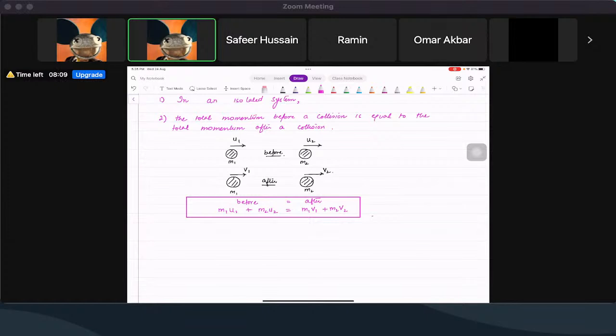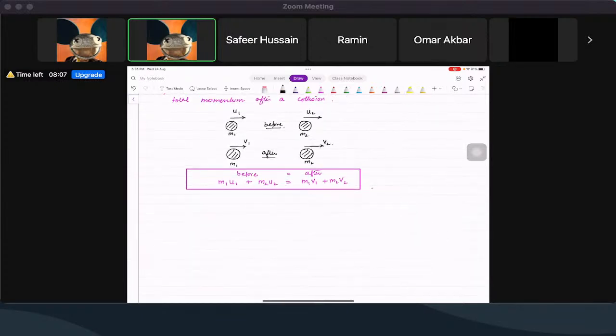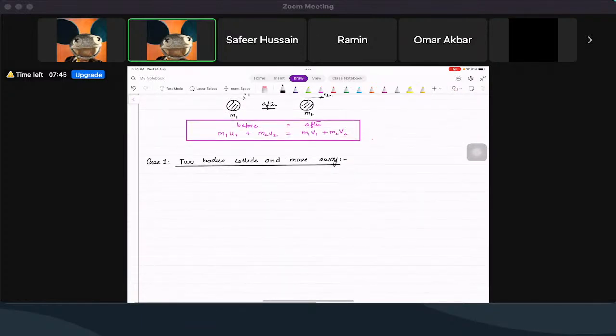Okay, so case 1 then. Case 1 is when two bodies collide and move away, like they separate, right? So in that case, suppose there is a body m1 that is 2 kg. It is going at an initial velocity of 10 meters per second. Let's call this u1.